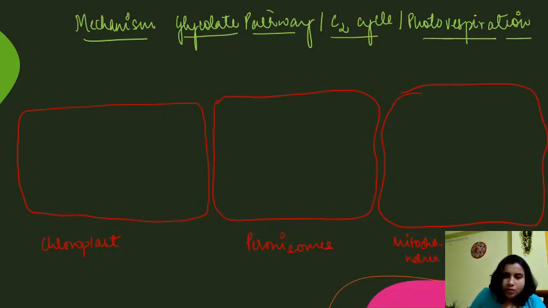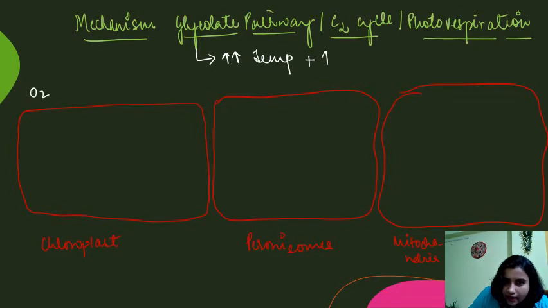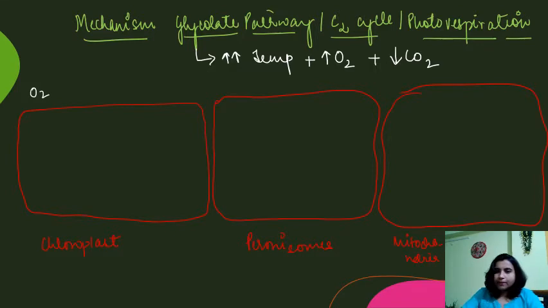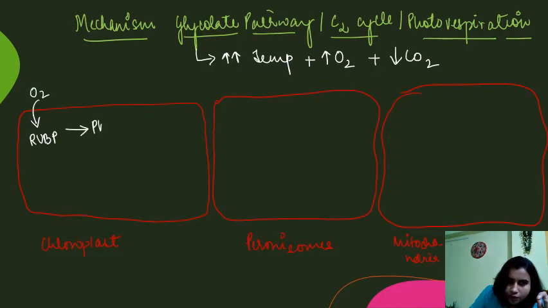So what is happening is, when this cycle is taking place, there is a very high temperature plus high oxygen plus less carbon dioxide, right? So this is the condition for this cycle. When there is a high amount of oxygen, this oxygen will react with RuBP and form phosphoglycolate, right?